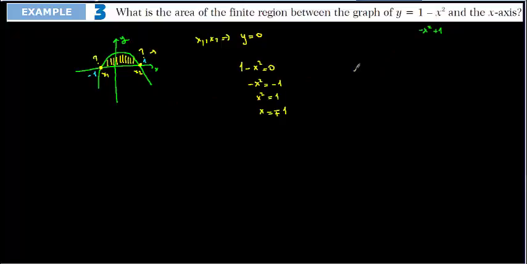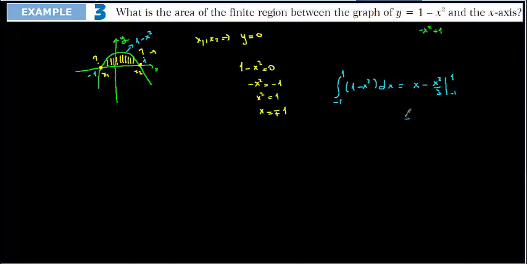The area between these two points is going to be the integral of 1 minus x squared, because the above function here is 1 minus x squared. The integral of 1 is equal to x, and the integral of x squared is x cubed over 3, from minus 1 to 1.